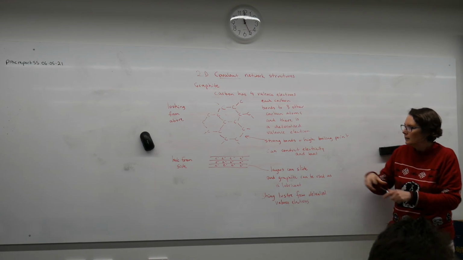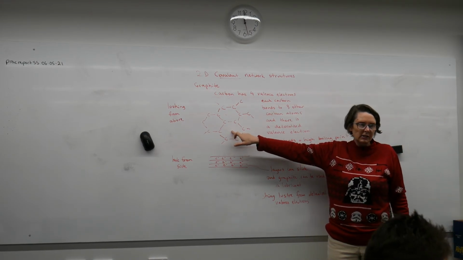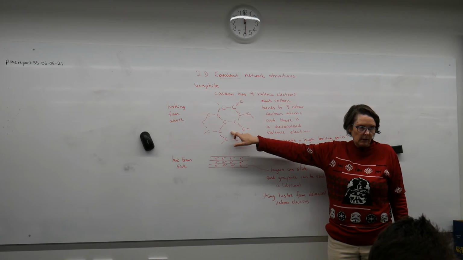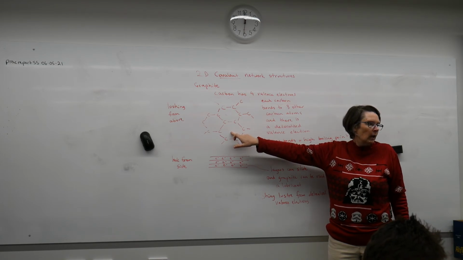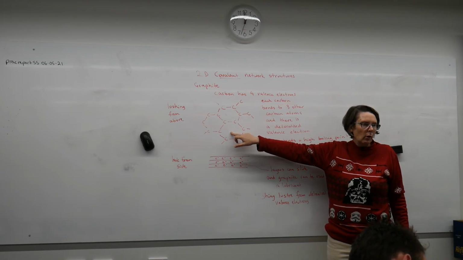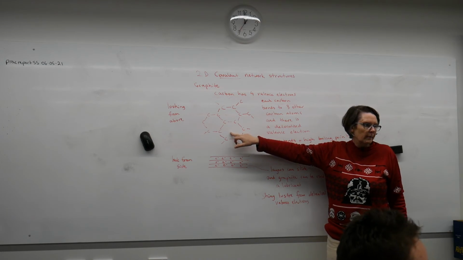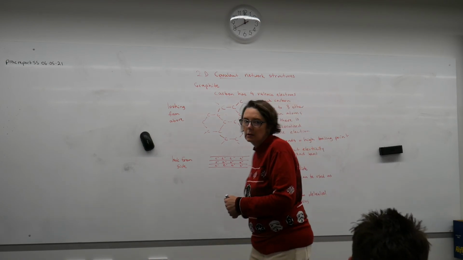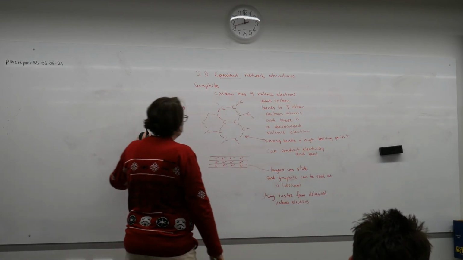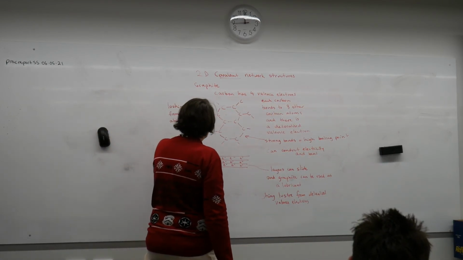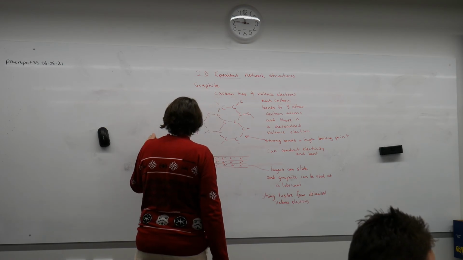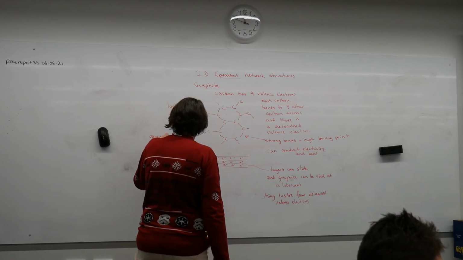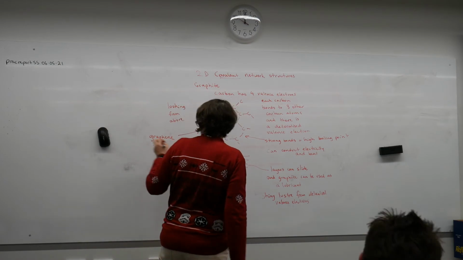Now one layer, this one layer here, has a separate name. It's not just graphite. Has anybody heard of what one layer of graphite is called? No? Is it a sheet? Well, it's got a name. It's actually called graphene. It's just one layer.